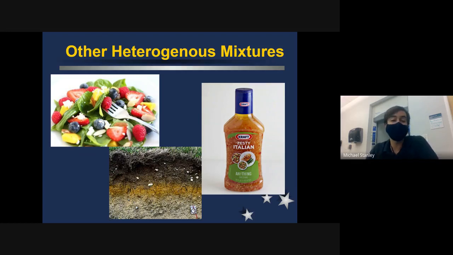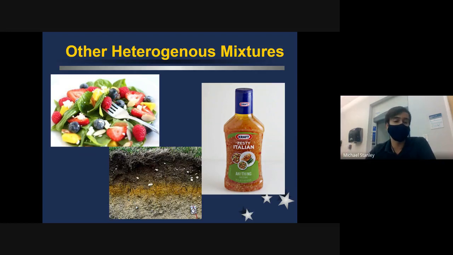So each bite of this salad is going to be different because everything in here is not totally 100% evenly distributed, right? The only way to really do that with something like a salad would be to put it all in a blender and blend it for a couple minutes to get everything equal.